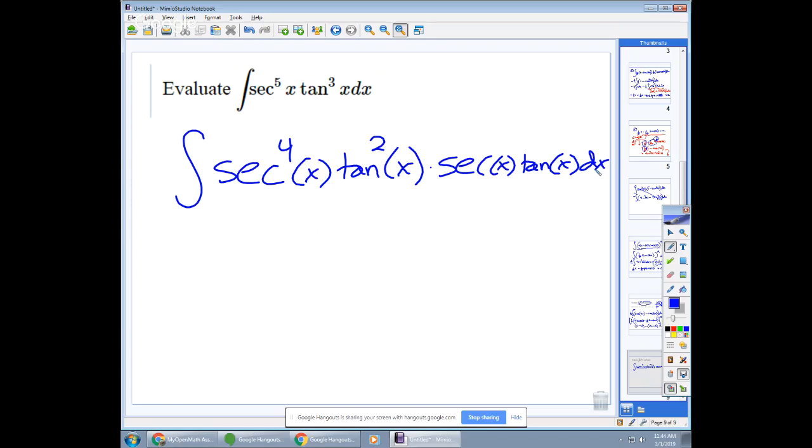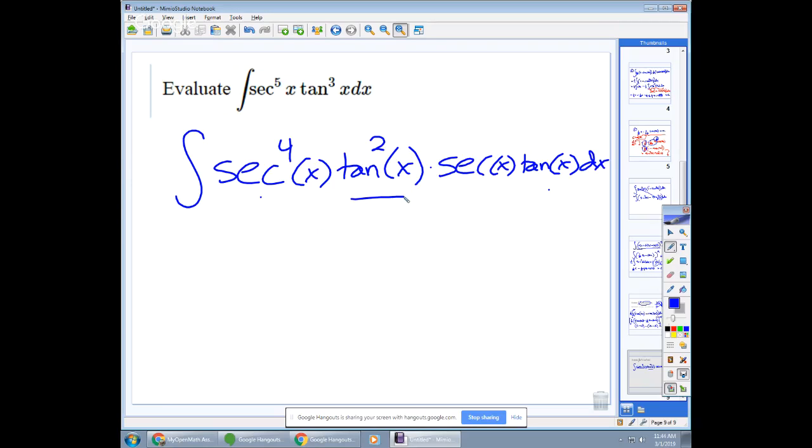So it's just factoring in the secant tangent right now. And the secant tangent is the derivative of what function? Secant. Okay. So I'm thinking I want secant to be my u, because this would be my du. Problem is the tangent squared is sitting in the way. But there's a Pythagorean identity for tangent squared. So you remember what it's equal to?